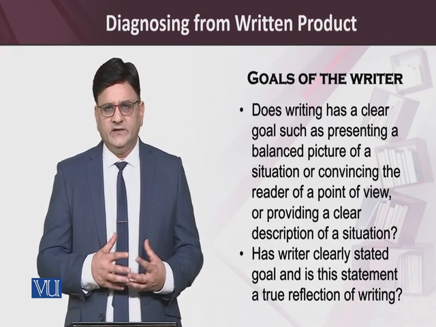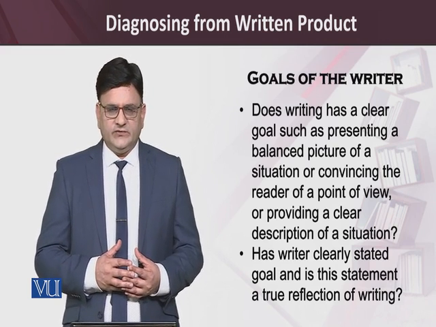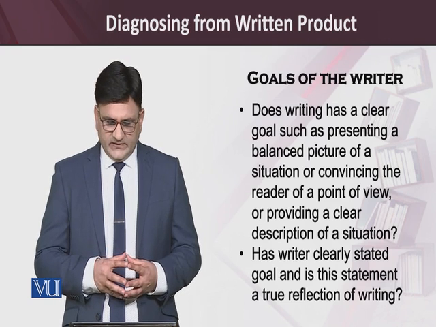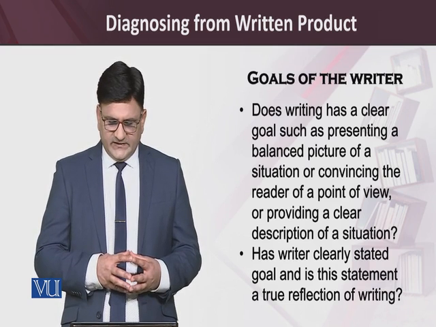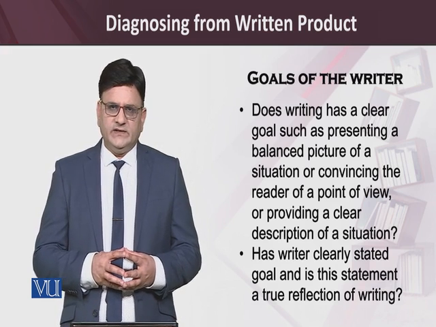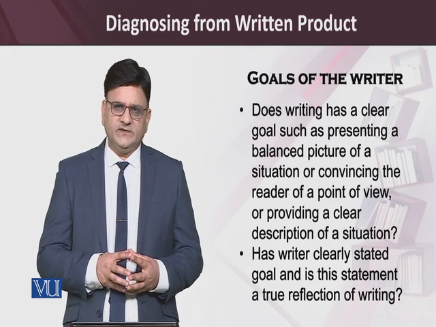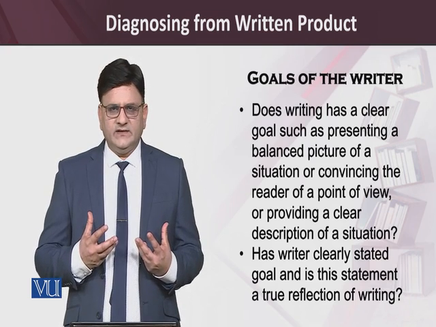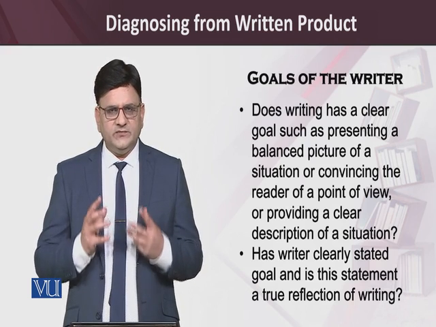I mean, if they are given a topic to agree or disagree, how do they present the topic in a balanced way, or convince the reader of a point of view, or provide a clear description of a situation. So we can give such questions to our students and make them think, and this is what they can internalize and make an integral part of themselves as second language writers, to think about the goals.